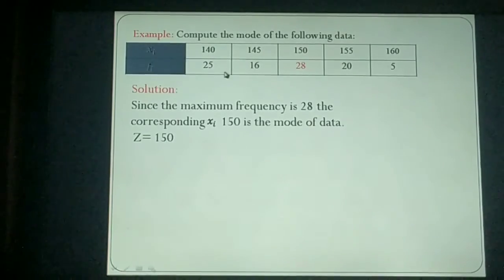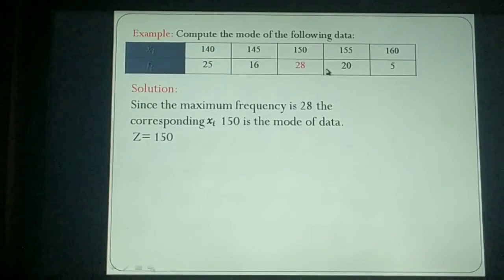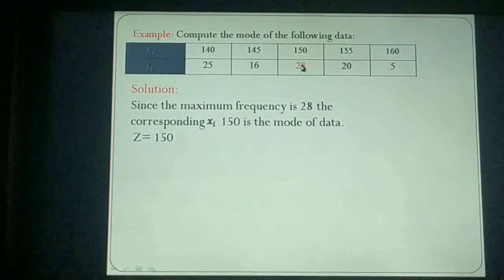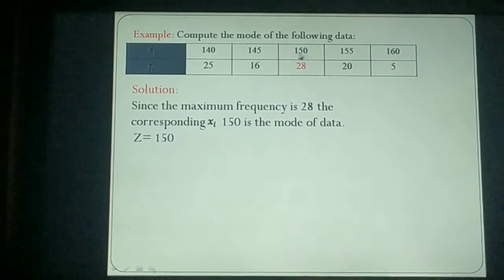For this data, the maximum frequency is 28. Since the maximum frequency is 28, the corresponding Xi, 150, is the mode of the data. Whatever the highest frequency, the corresponding Xi is called the mode of the data.